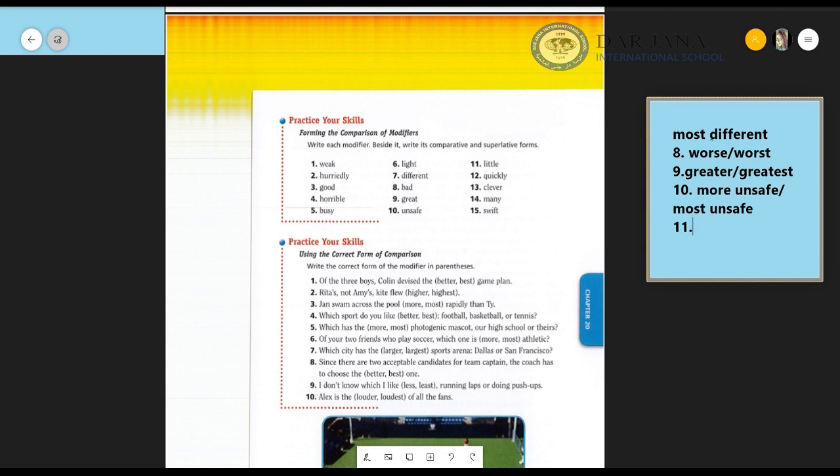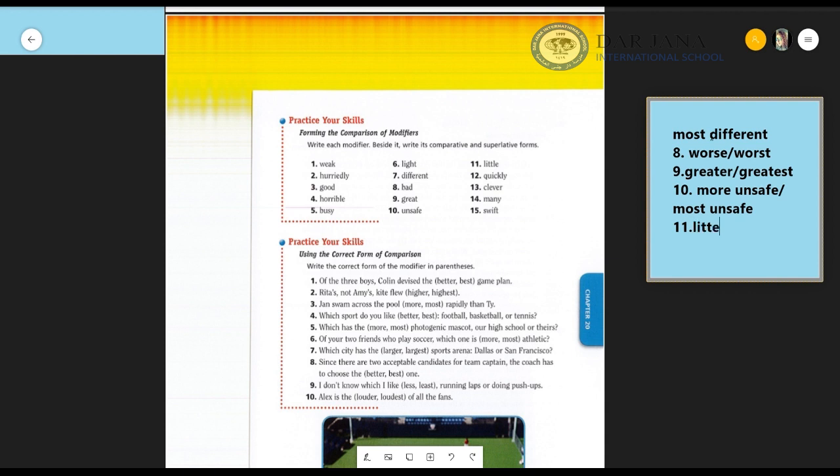11. Little. Now little is a 2 syllable modifier. We are familiar with more little and most little, but actually there exist littler and littlest. So again, this is an exception to the 2 syllable modifiers.